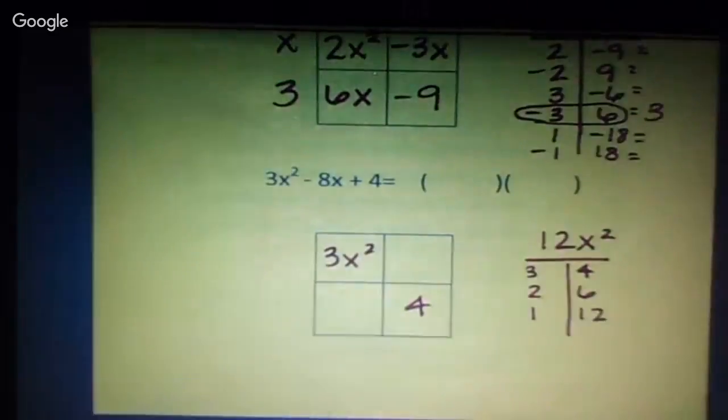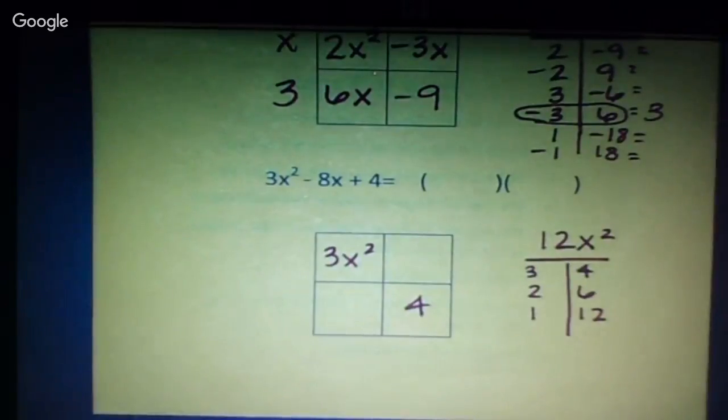But then she said, hold on. How do I get that negative in the middle? Where did the negative come from? When this is a positive 12, positive times positive gives me positive. What else will give me positive?